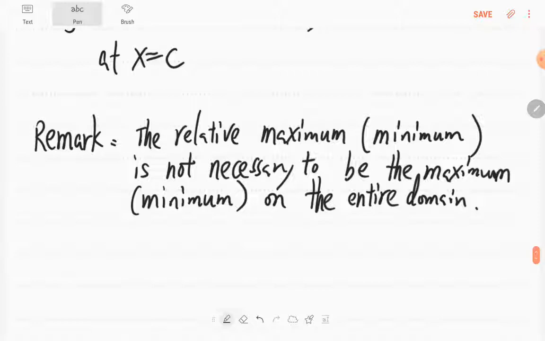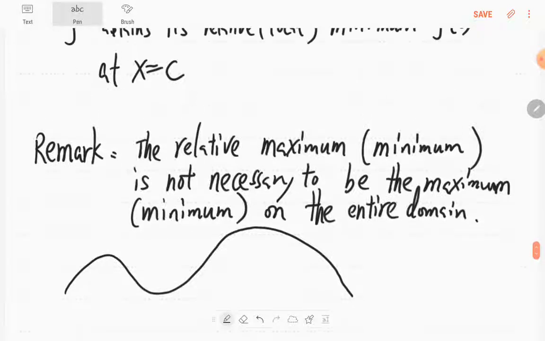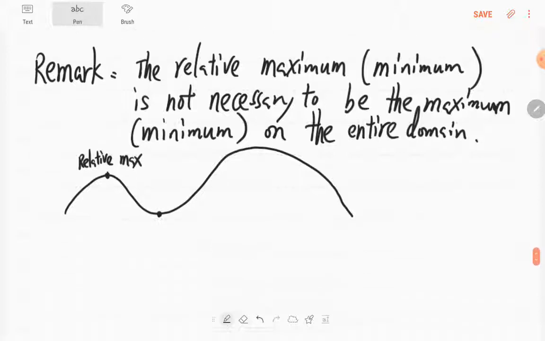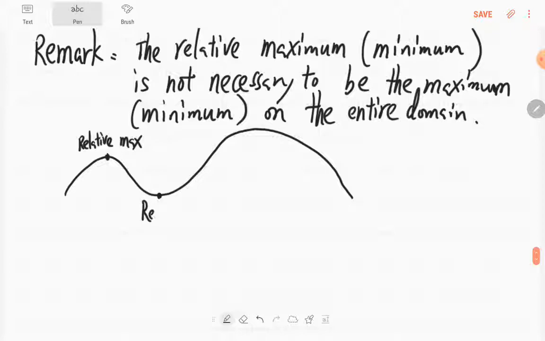For example, if you have this curve, this is the relative maximum, and this is the relative minimum.